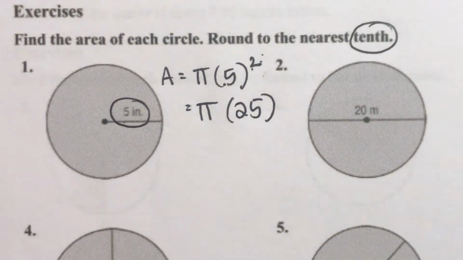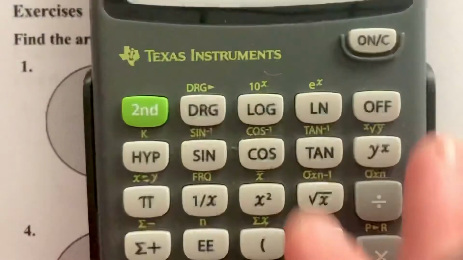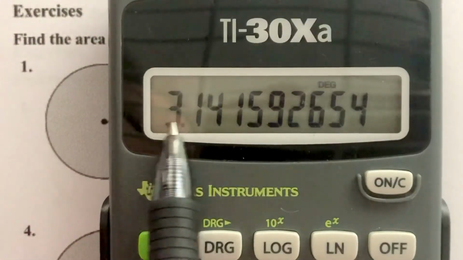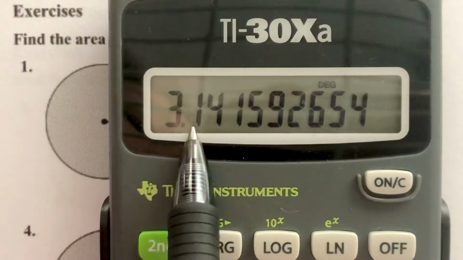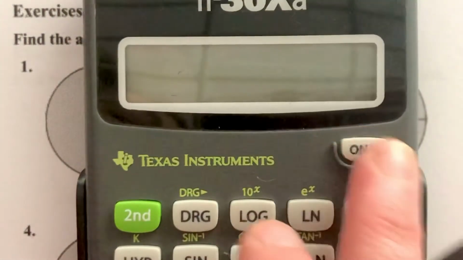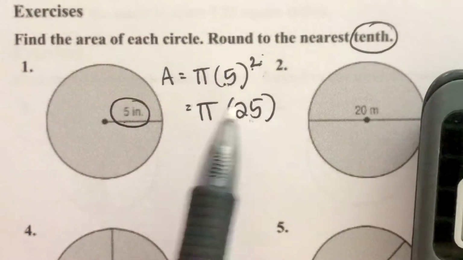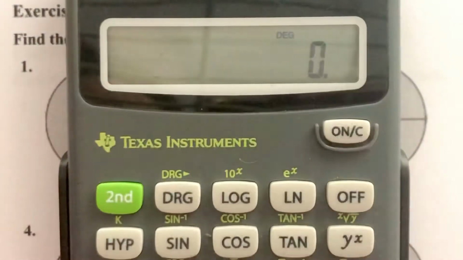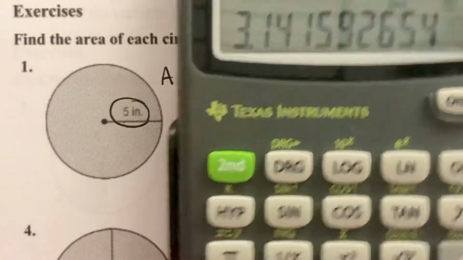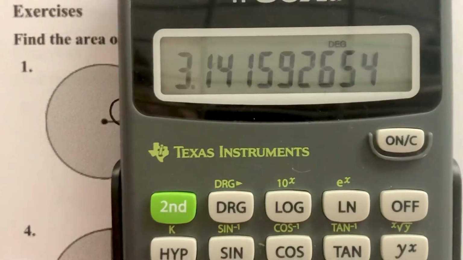Some people abbreviate pi into 3.14. Since I have a calculator that has a pi button on it right here, if I hit that button, it actually gives me more of pi than just 3.14. It's a little more accurate. So I'm going to use that button. I'm not going to round. So I'm going to use 25 times pi, or pi times 25. 25 times, I hit the pi button, and then I have to hit equals after.